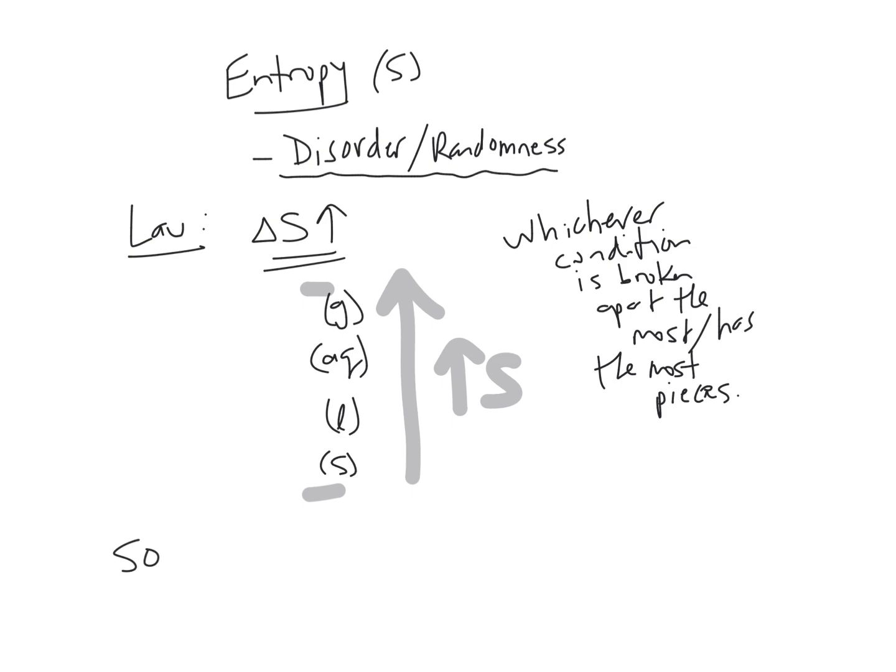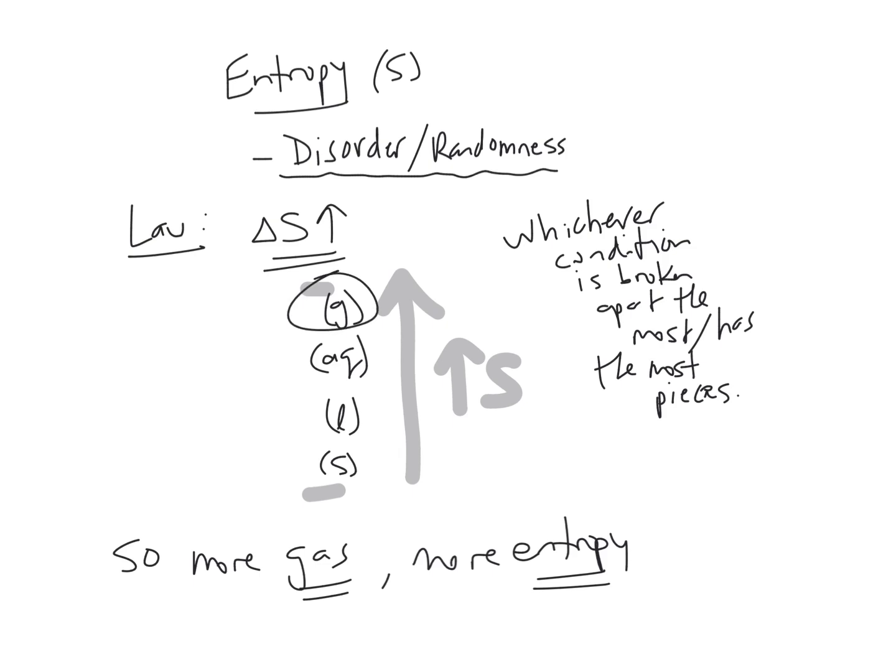So basically, more gas, more entropy. Naturally in the universe, systems will move to a more gaseous state because that's considered more disordered and has an increasing amount of randomness. And if you think of the way the particles behave, you should hopefully remember that gases have the most freedom to rotate, to translate, to move around, and they are the least compacted and the least dense among all the states of matter, and so they have the highest amount of entropy.